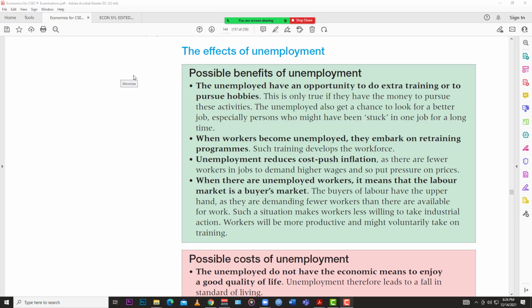What are some effects of unemployment? I'm pretty sure you can think of one or two, because you could imagine you have no money, things are tight, that kind of stuff. But there are some benefits. Believe it or not, there are some benefits, such as the unemployed have an opportunity to do extra training or to pursue hobbies. I can just read these as they are, but really and truly, nobody wants to be unemployed.